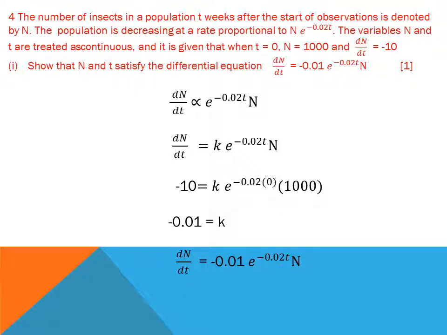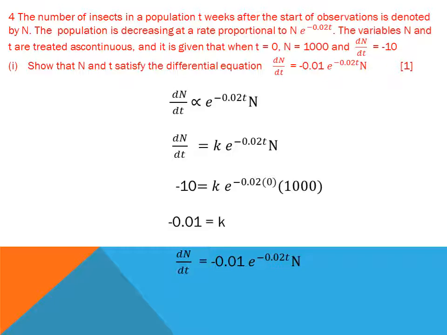Hence, in the second line of the question, it says decreasing at a rate proportional to. So dn over dt, the rate of change of n with respect to t, is directly proportional to e power minus 0.02t into n. When I remove the sign of proportionality, there is a constant k: k e power minus 0.02t into n.